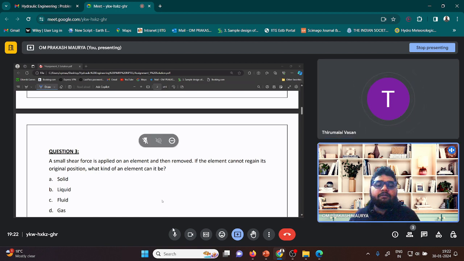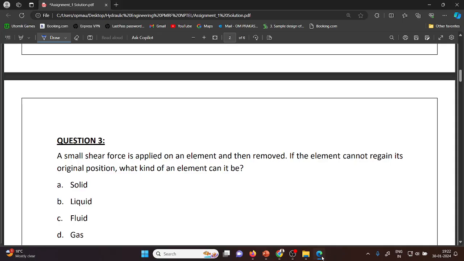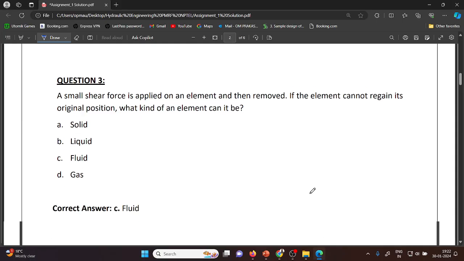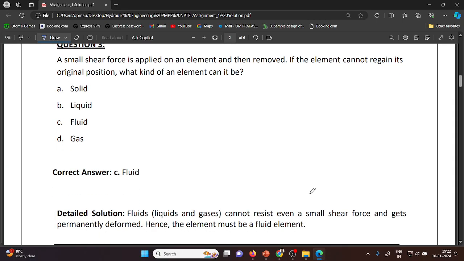You are telling option D, right? But not here. The answer is fluid, because fluid is a combination of both liquid and gas.